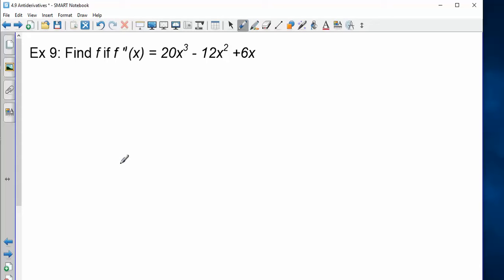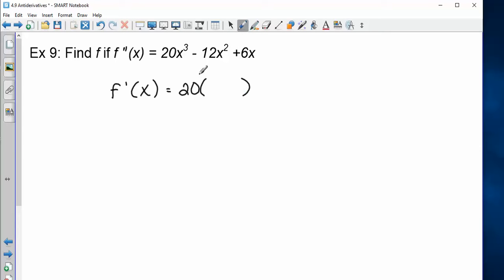Interesting. So I'm going to make it f double prime of x is equal to this. And I want f. So how many times do I need to do my antiderivative? Twice. So we're starting at f double prime. So if I go backwards, that would take me to f prime. So 20x to the third.